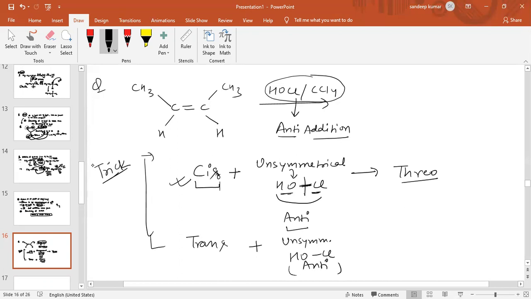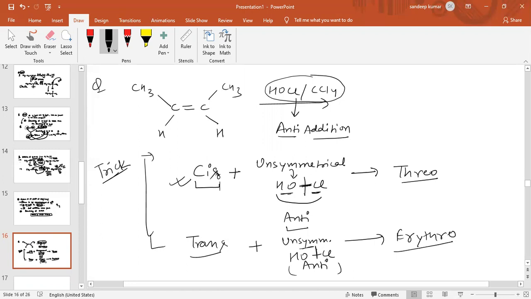So when there is anti-addition to a trans alkene with an unsymmetrical reagent, because both parts are not mirror images of each other, the product obtained is erythro.